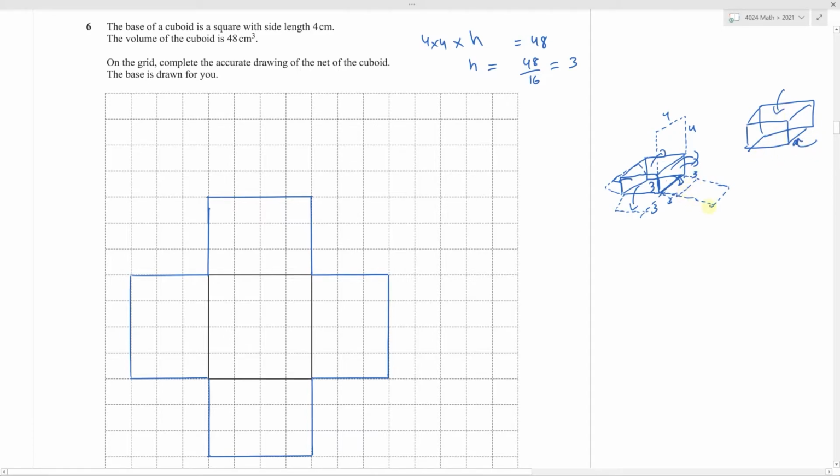So this is a 4 by 4 square, which is the top or the lid of this cuboid. So attached to this side is the 4 by 4 top of the cuboid, which is now flattened like this here. So this is how you will complete the net of the cuboid given to you.